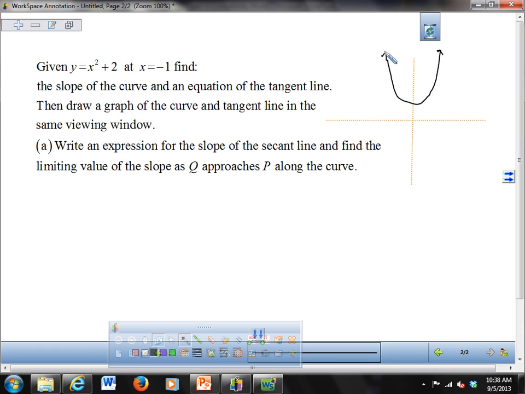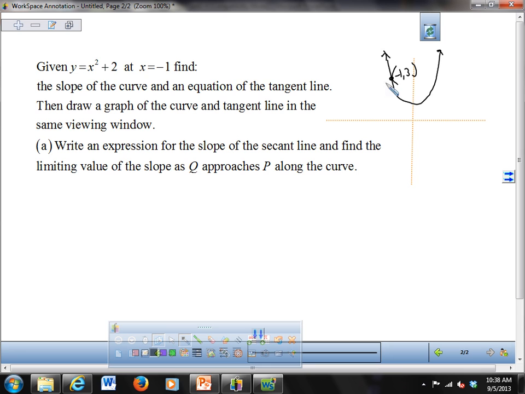And the first thing, we're going to call this f of x, and x equals -1. So when I plug in -1 in here, what do I get out? 3, okay? So this is the point (-1, 3), right there.